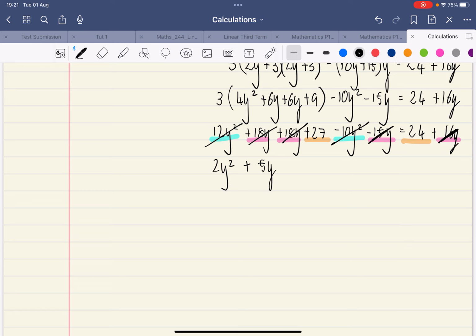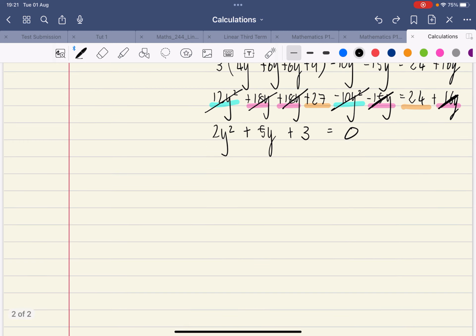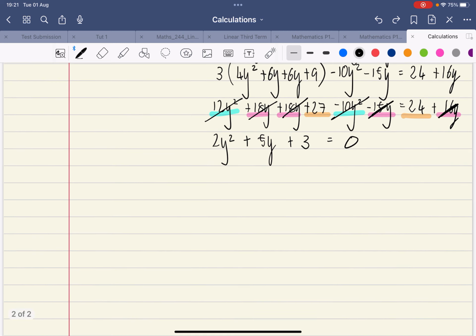That will still give us 5y. And then 27 minus 24 will give us 3. And that's all equal to 0 because we have an equal sign here still. All right. Now you can either use your calculator for this or the quadratic formula to solve this quadratic.